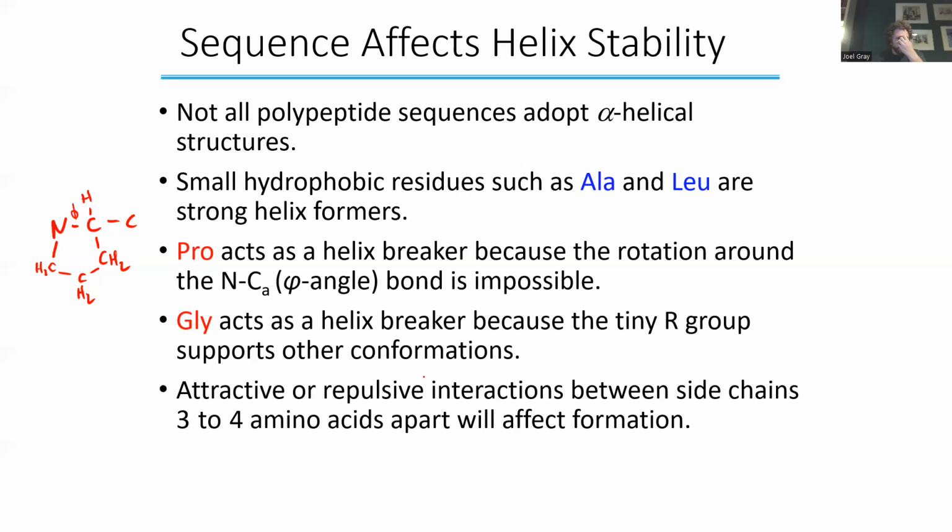Glycine is an amino acid that is very, very small, and it's basically too small to support any sort of rotation, basically too flexible. Now, attractive and repulsive interactions between side chains of three to four amino acids will affect that formation.